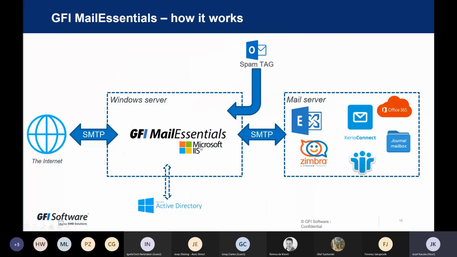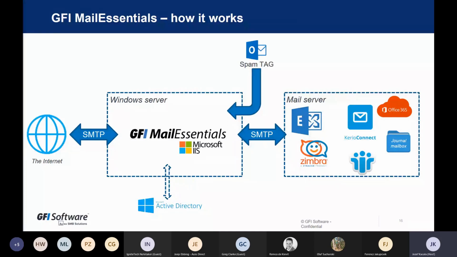Once the emails are sanitized, they will be sent again through SMTP to the final destination, which will be your mail server. So your mail server will at any given time receive only legitimate email, as everything else will be stopped by MailEssentials. MailEssentials also has the ability of quarantine. It has the ability to do different settings when it comes to how email will be blocked, what the response should be, whether it should be deleted, or whether you want to warn the administrator or warn the user. All of these things are possible.